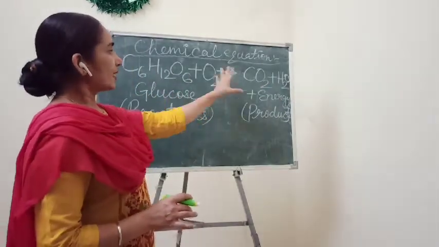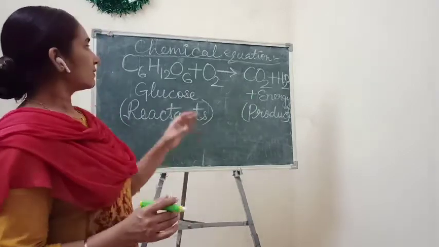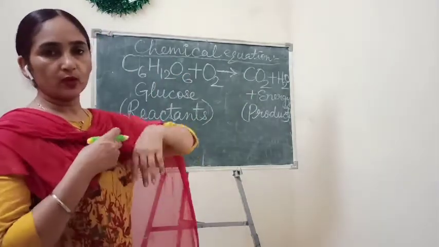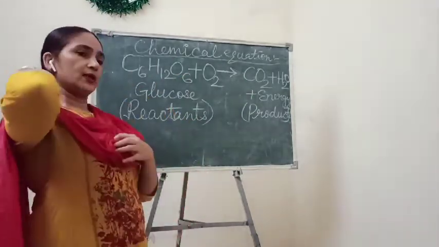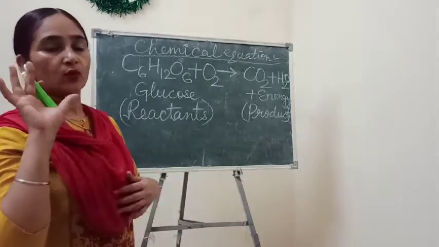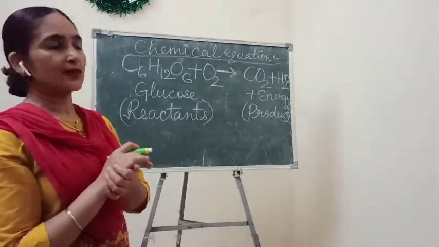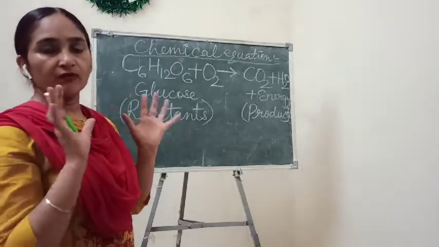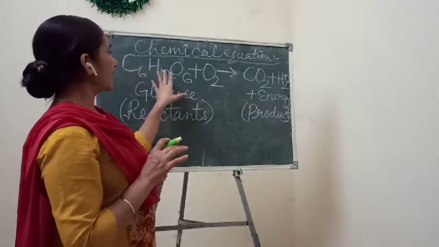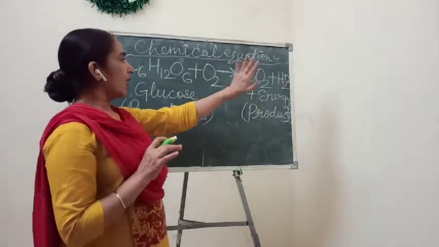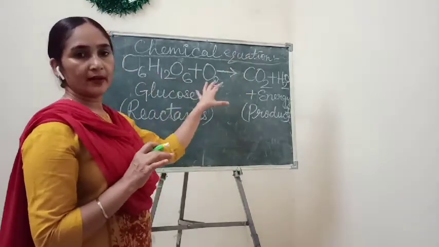So we can see here that it is a chemical equation, but children, one more rule is there, which tells us how many reactants are here.